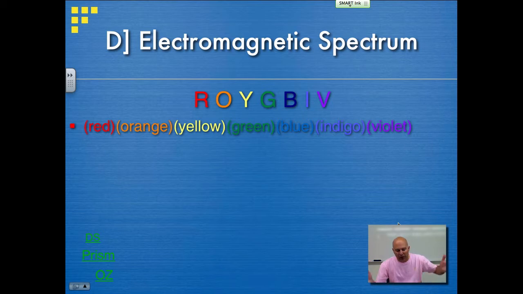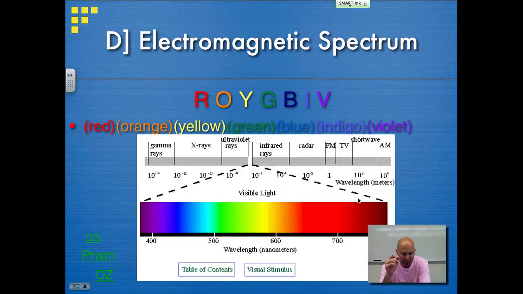And we've learned those before, and we've thought about them as the colors of the rainbow. But we haven't really thought about them as electromagnetic waves, and therefore part of the electromagnetic spectrum, I bet. And so when you think about the electromagnetic waves, I'm going to actually change this a little bit, okay?